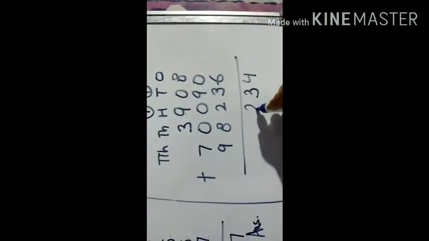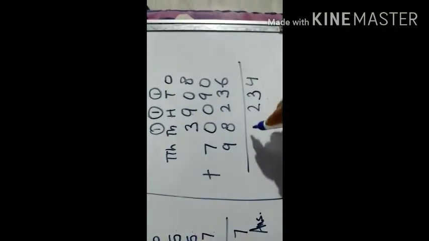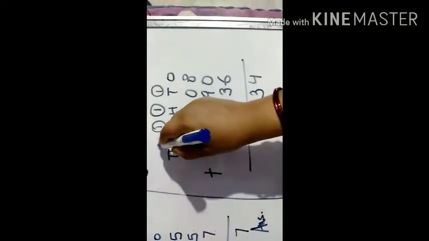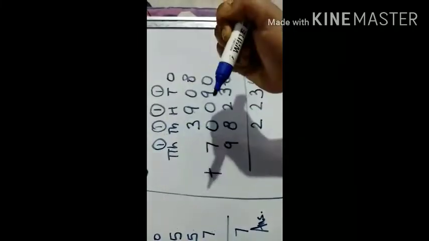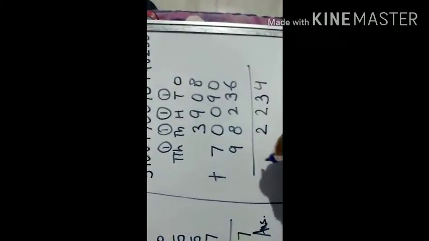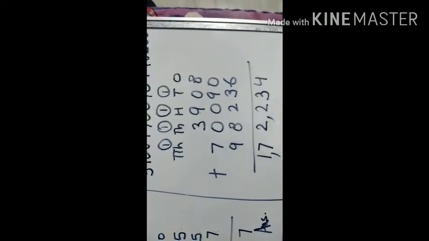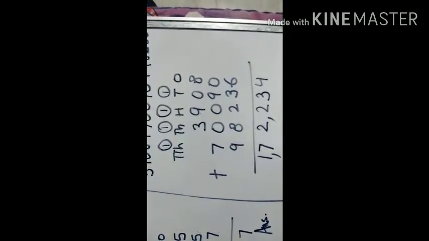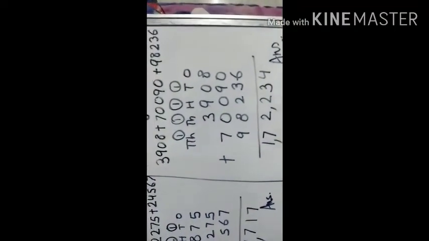Carry 1. 9 plus 1, 10. 10 plus 2, 12. Carry 1. 3 plus 1, 4. 4 plus 8, 12. Carry 1. 7 plus 1, 8. 8 plus 9, 17. So what is the answer? 1,72,234. Just note down this answer in your copy.